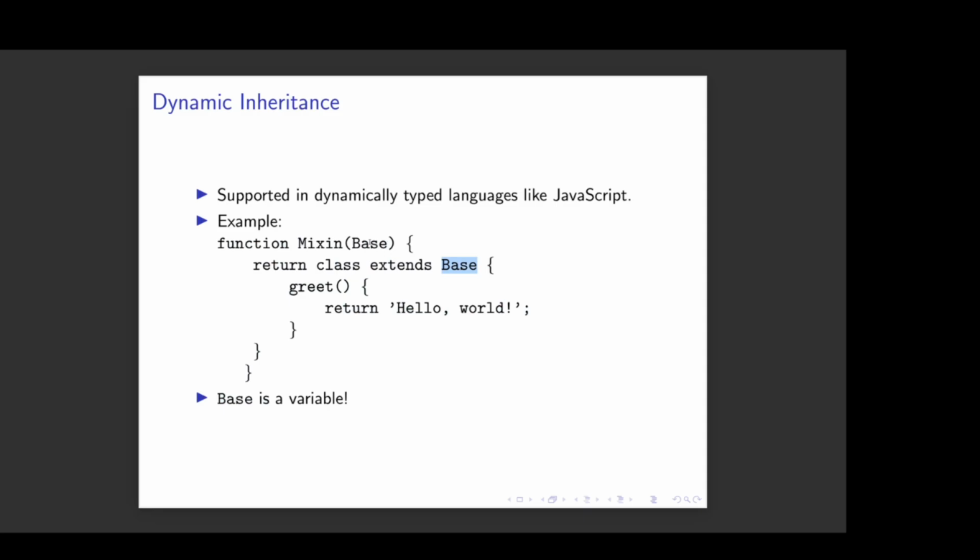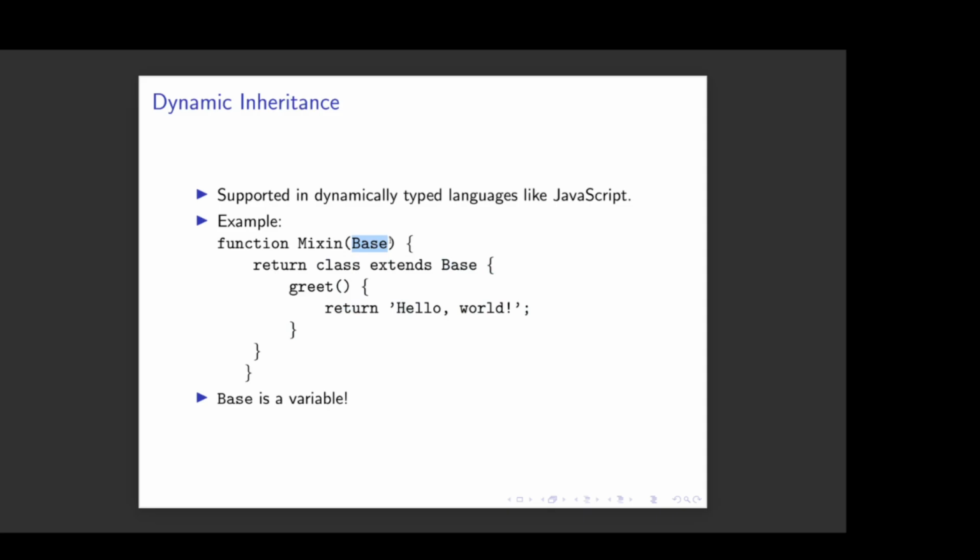So what this means is that this class is going to be created at runtime, and the superclass of this class is going to be provided as the argument of this function, right? So you're only going to be able to exactly determine what the superclass of this new class is at runtime, after you run this function application here.